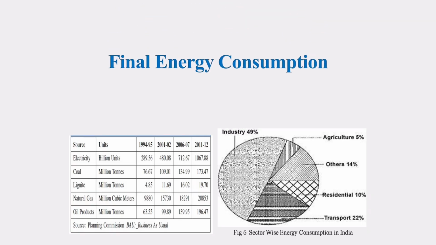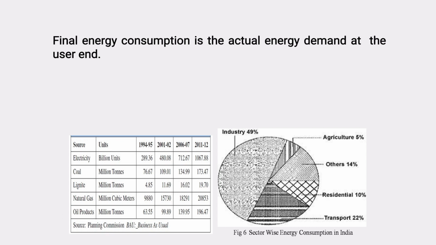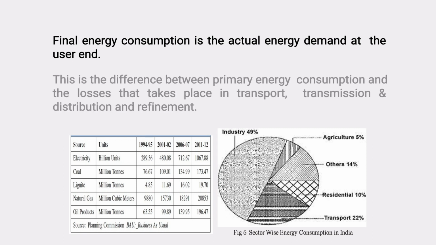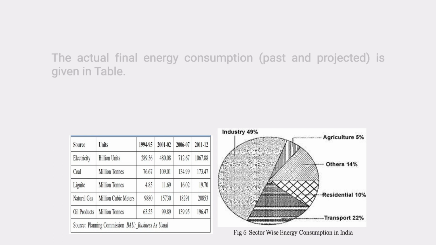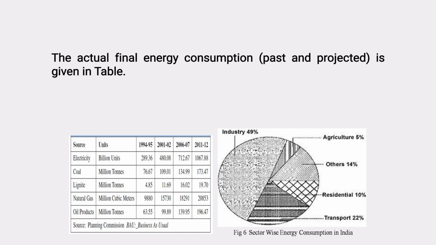Final energy consumption. Final energy consumption is the actual energy demanded at the user end. This is the difference between primary energy consumption and the losses that take place in transport, transmission, distribution and refinement. The actual final energy consumption is given in table 2, sector-wise energy consumption in India.